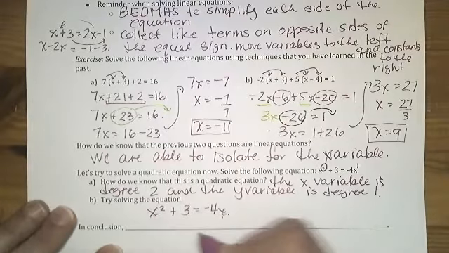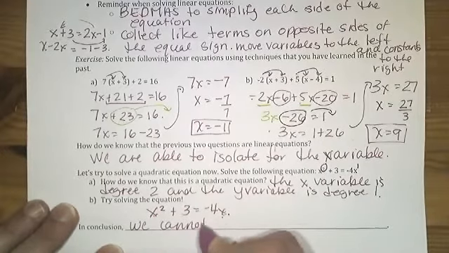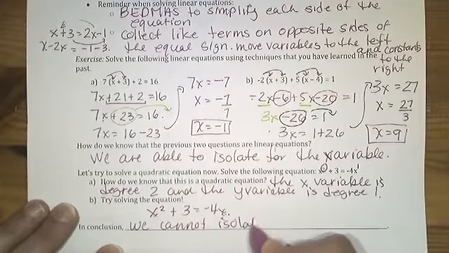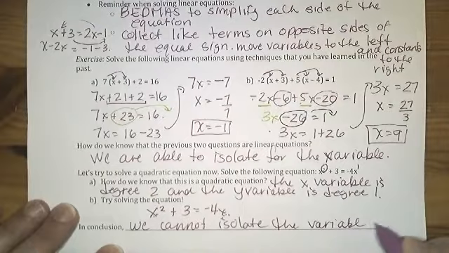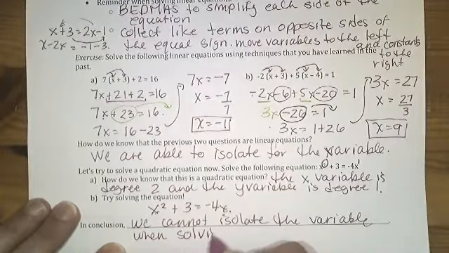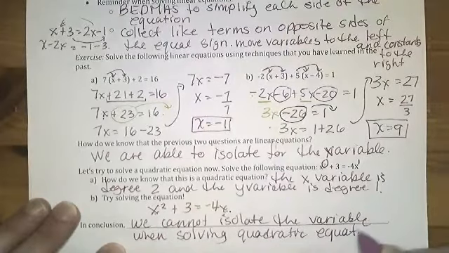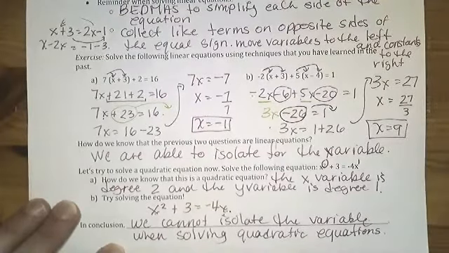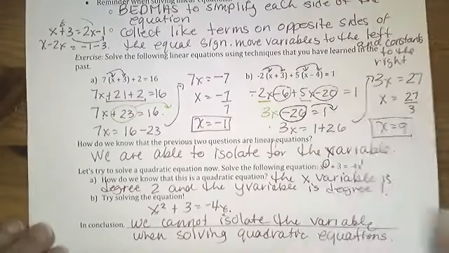So in conclusion, we cannot isolate the variable when solving quadratic equations. So we're going to have to come up with another method on how we solve quadratic equations, and that is our second part of our lesson.